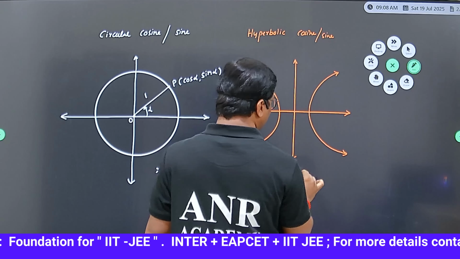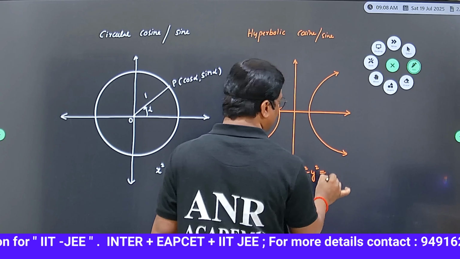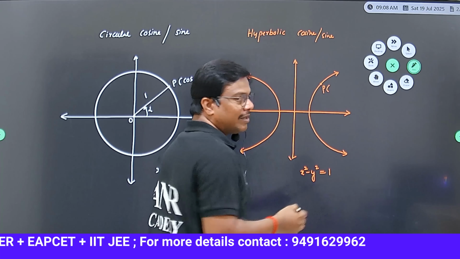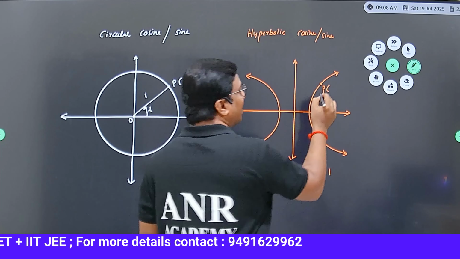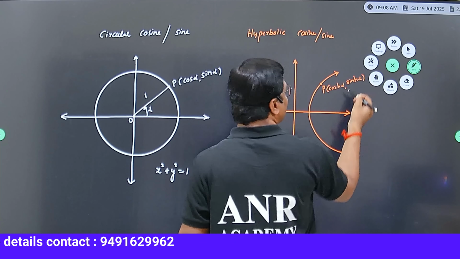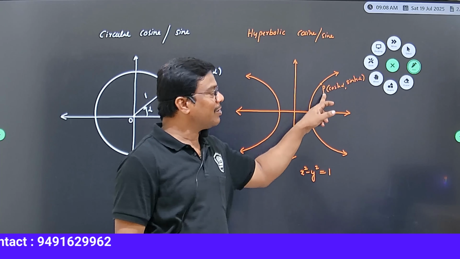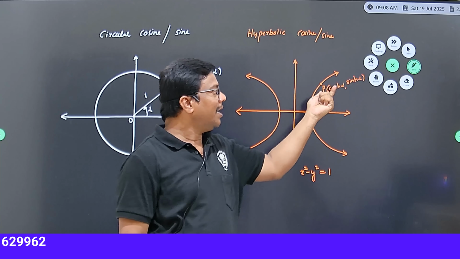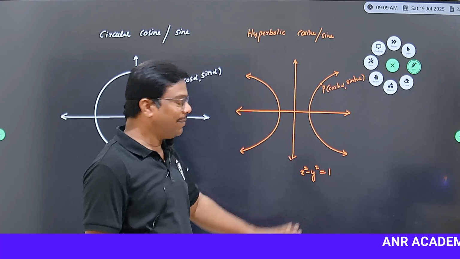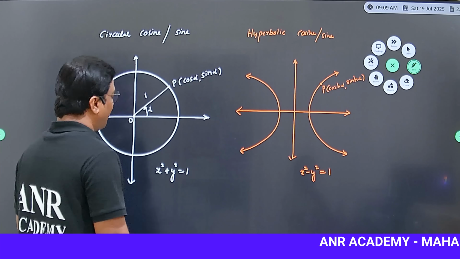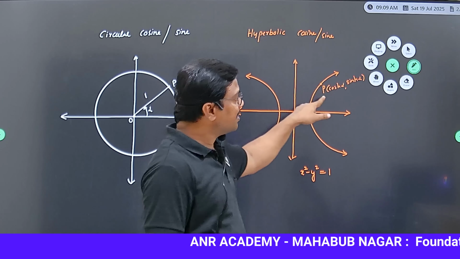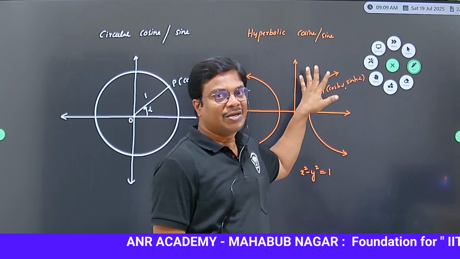Its equation is x square minus y square equal to 1, and the parametric point on the hyperbola is cos h alpha and sin h alpha. That means hyperbolic cosine and hyperbolic sine are the xy coordinates of the point P lying on the hyperbola x square minus y square equal to 1. Cos alpha and sin alpha are circular cosine and sine. Cos h alpha and sin h alpha are hyperbolic cosine and sine.